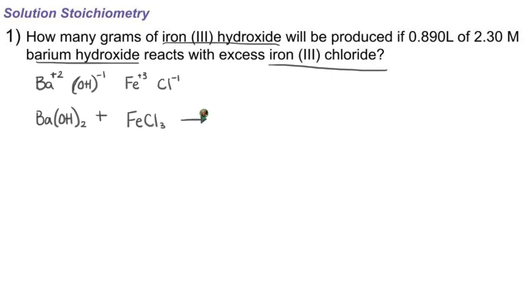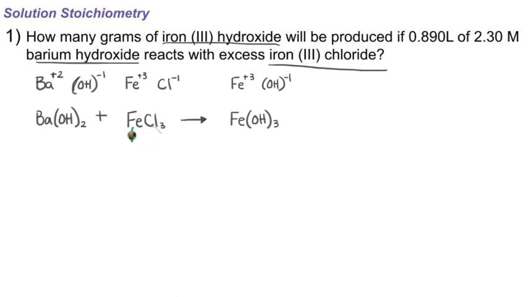It tells us that one of the products is the iron 3 hydroxide. So I'll start with that one, iron 3 hydroxide, FeOH3. And then my other product is going to be barium bonding with chlorine.